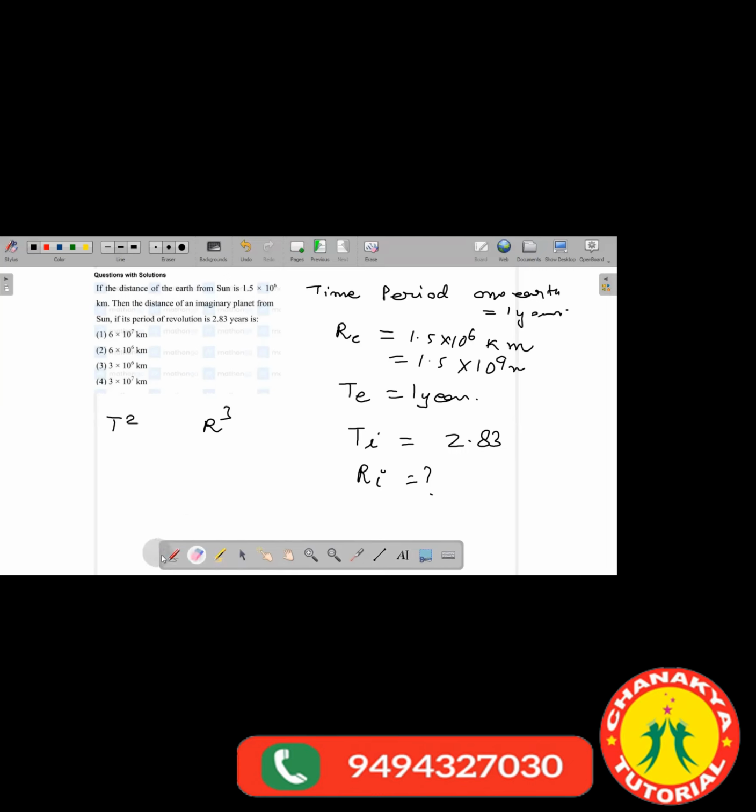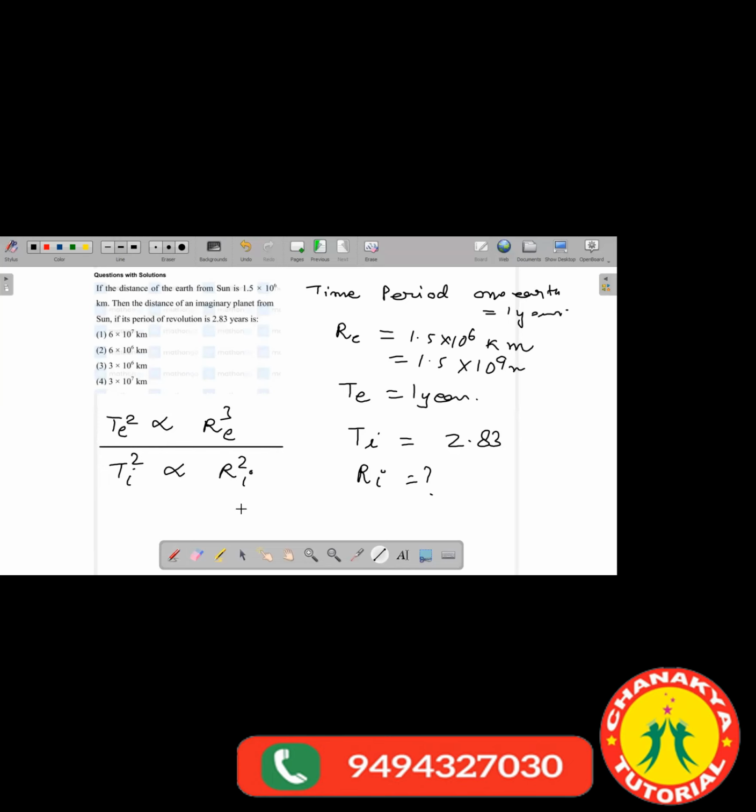So we have T square proportional to R cube, and hence we can utilize it. T square for Earth, R cube of Earth, and T square for the imaginary planet, R cube for the imaginary planet should all be proportional to each other. And hence, if you divide them, you can obtain the answer.